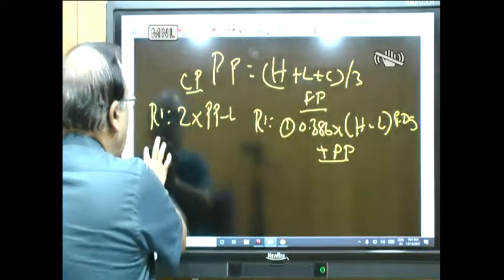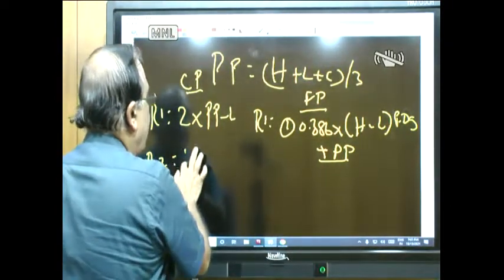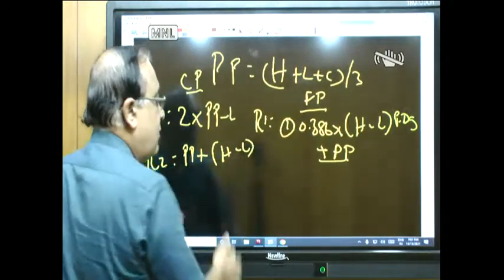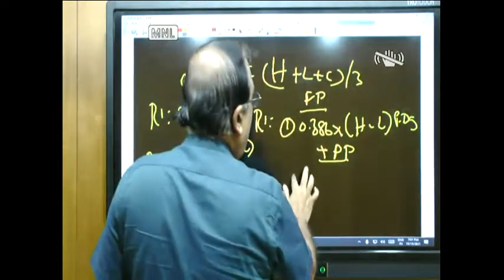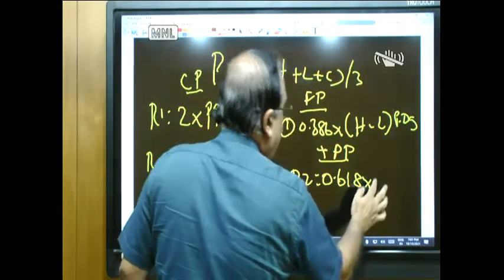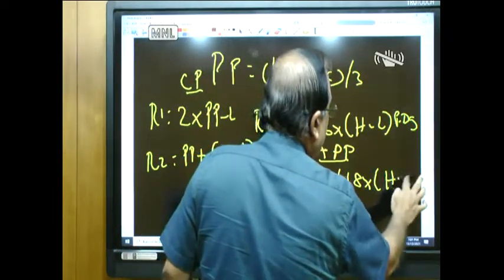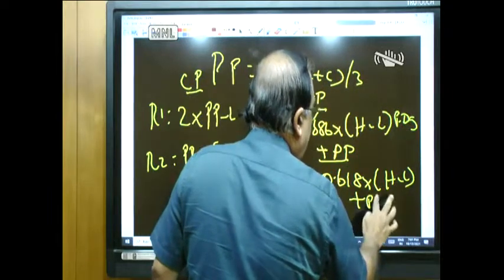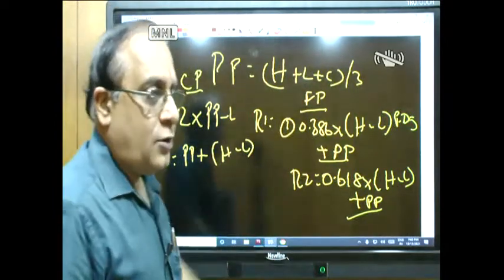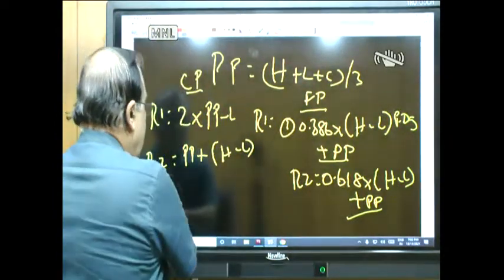Now in the case of R2, classic pivot is PP plus the previous day range, high minus low of the previous day. In the case of Fibonacci pivots, it is 0.618 into previous day range plus PP.